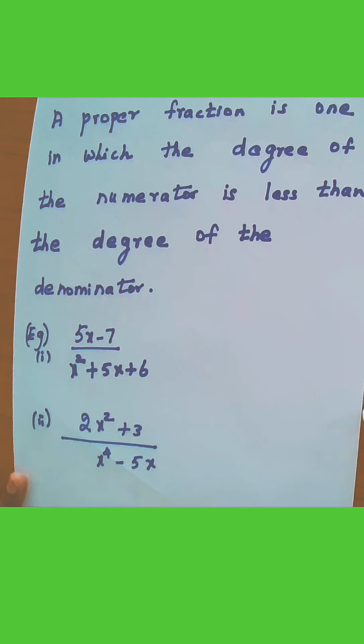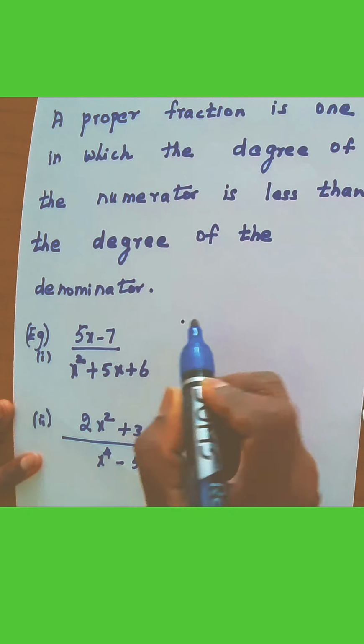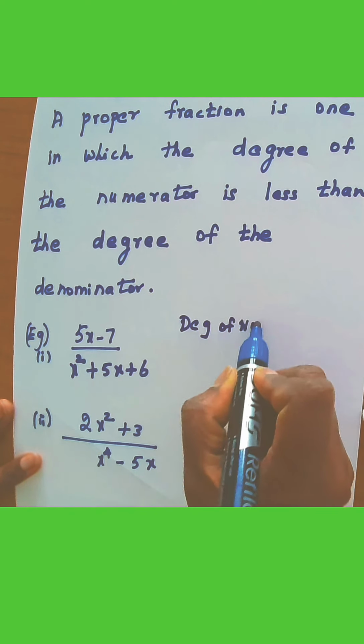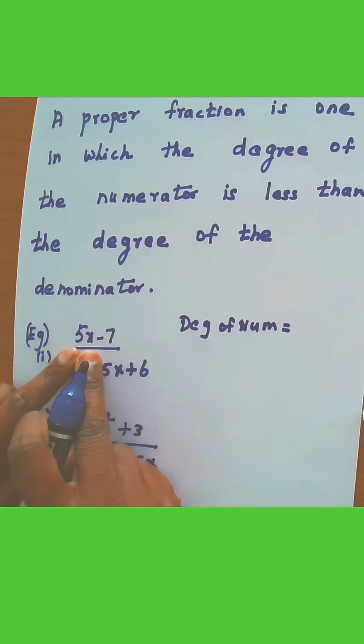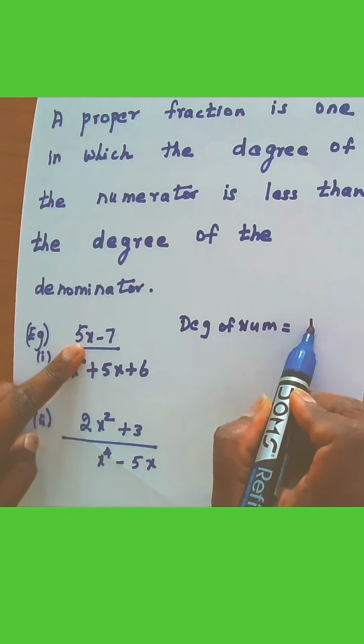For example, take 5x minus 7 divided by x square plus 5x plus 6. Here, to find the degree of the numerator, you have to see the power of x. What is the power of x here? 1. This is the degree of the numerator.